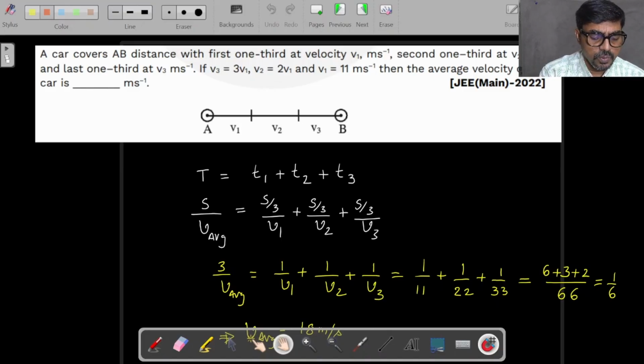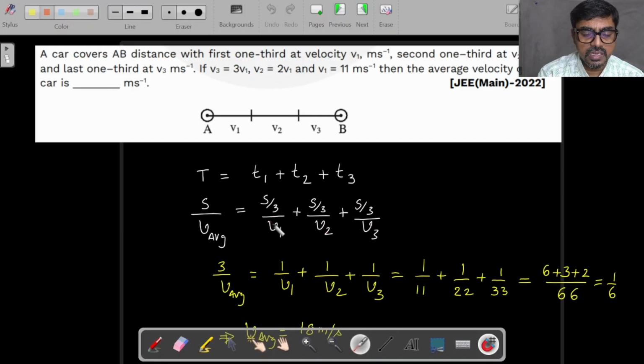Let's read it. The total time must be equal to the sum of the time intervals that it has spent on the first, second and third part of the track, T1, T2 and T3. So the total time can be written as the total displacement divided by the average velocity. This is what I want to calculate. Displacement I don't know, but I know that 1/3 has been covered with v1, v2, v3.